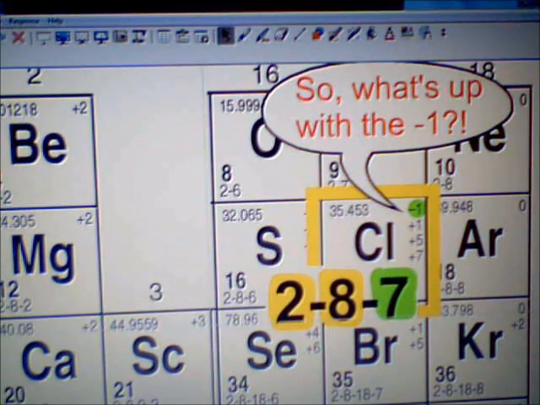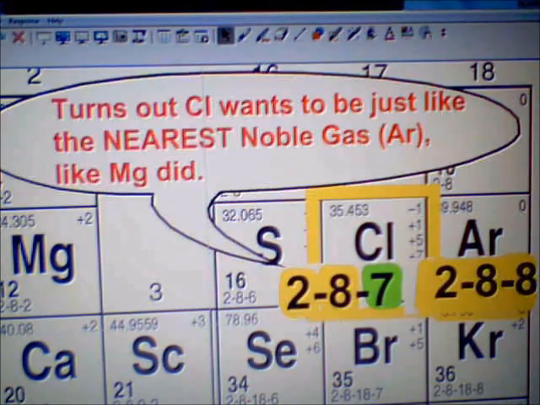And if I look at the upper right corner, I can see that there's a -1 up there, indicating that this is the ion that chlorine will form once it becomes able to have an electron configuration like its nearest noble gas. It turns out that chlorine wants to have the noble gas configuration of argon, which is closest to it. Notice that all I have to do is go from a 7 to an 8 in order to establish the electron configuration of a noble gas.